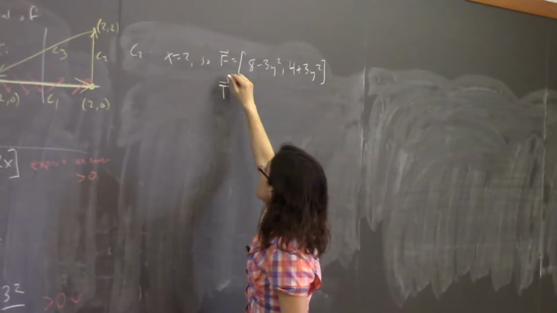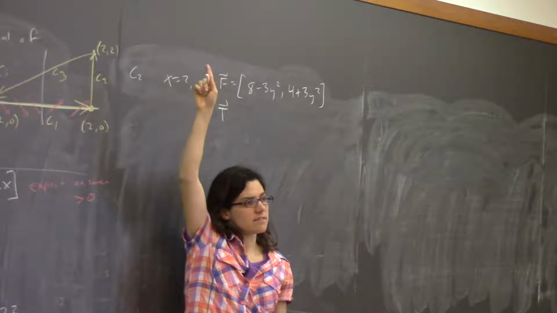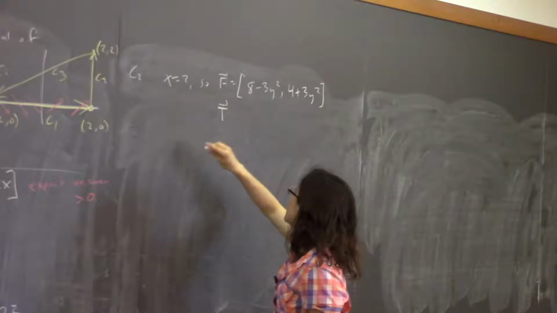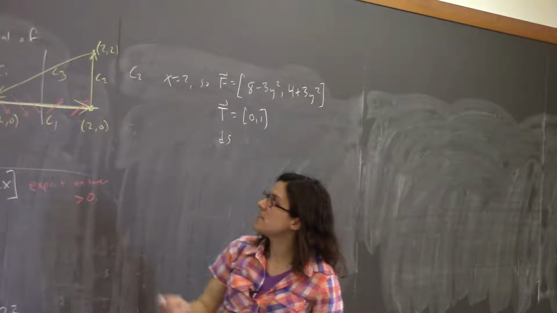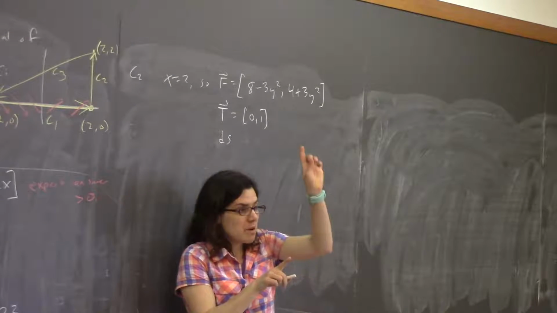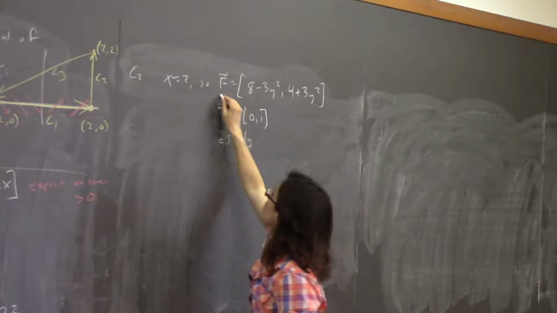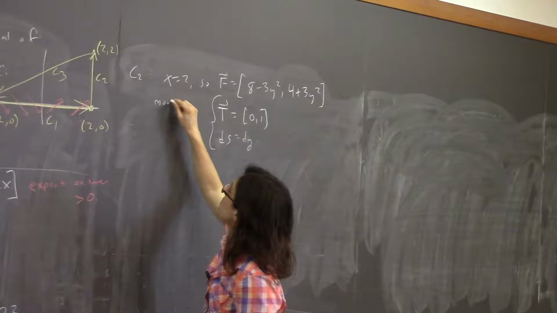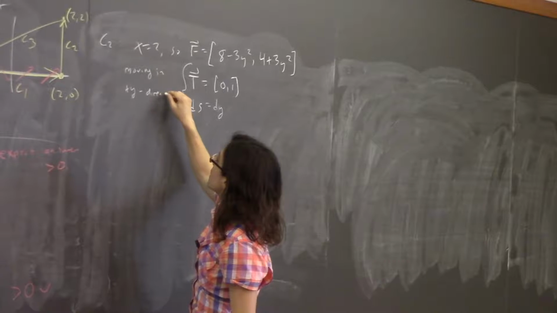And then how about our unit tangent vector? We're always going up, always going in the positive y direction, so 0, 1. And similarly for our ds, we're always just going in the positive y direction, so ds is just dy.